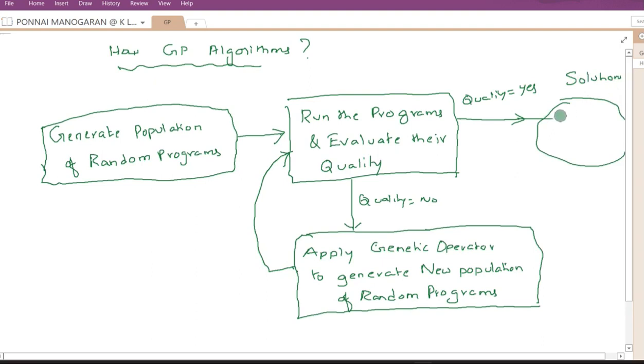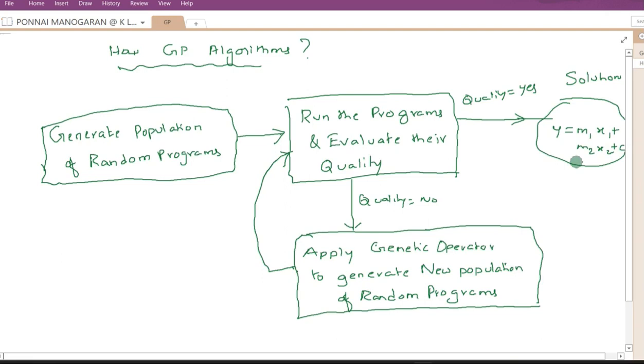Say for example, if it is some mathematical equation, it may be something like this: y is equal to m1 x1 plus m2 x2 plus c. So this is some sample modeling program. Okay.